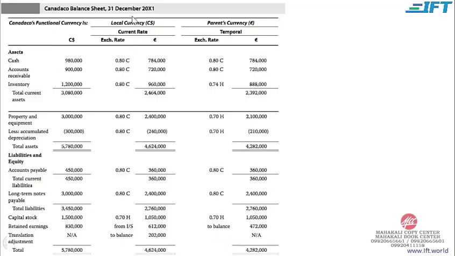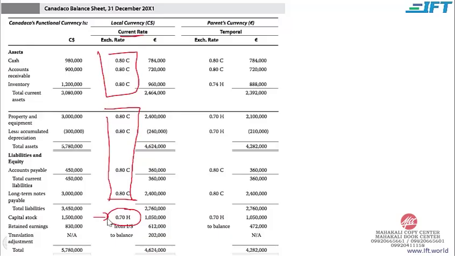Now we come to the balance sheet. The current rate method is straightforward. All assets translated at the current rate, all liabilities translated at the current rate. The equity is translated at the historical rate. The temporal method is a little more complicated.